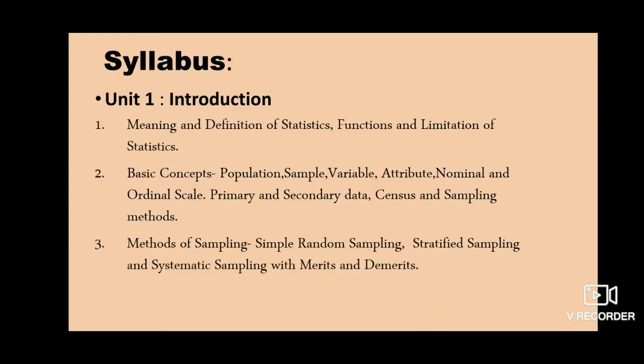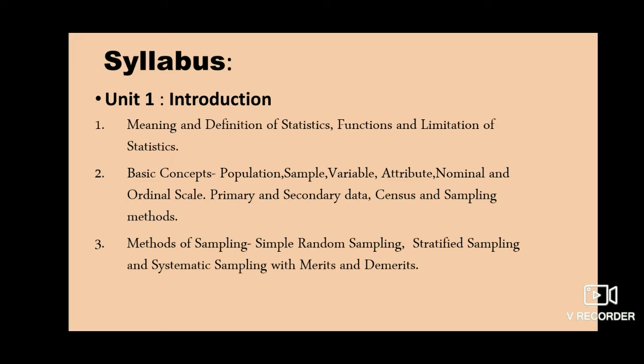So now let's move to the syllabus. In total there are 5 units. After completion of each unit, I will be telling you about the distribution of marks in that unit. So unit 1 is introduction.